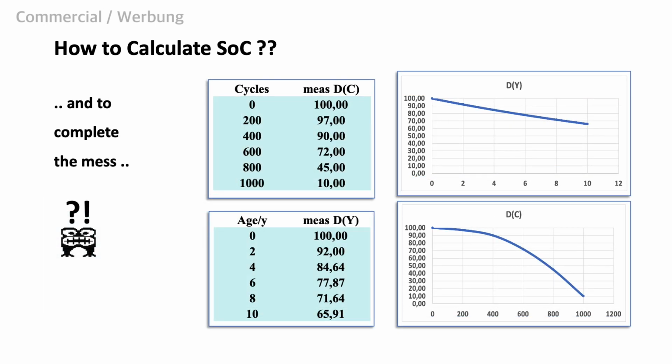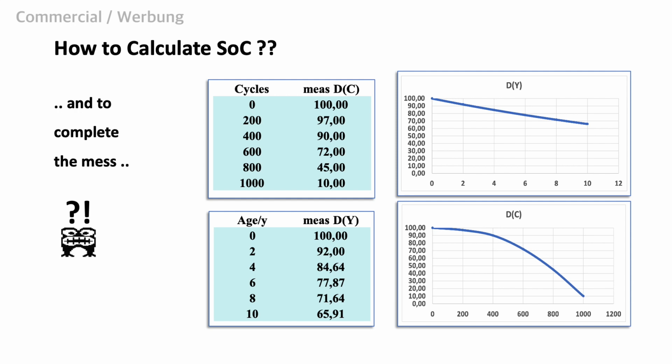Now, to complete the mess, we need to consider the number of charging cycles and the age of the battery. Oof! This is now 4 parameters and 3 of them having a non-linear influence to the state of charge.